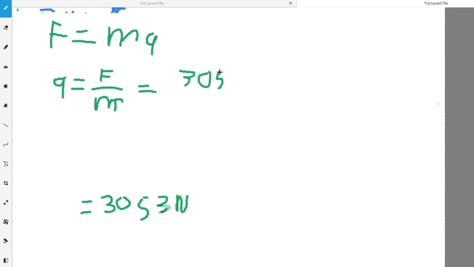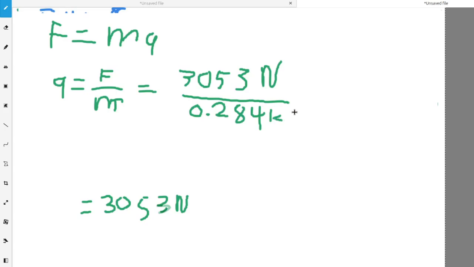This is 30.53 newtons over the mass, which has got to be in kilograms. We're going to change those grams to kilograms, 0.284 kilograms. And the answer is 10,700 meters per second squared.